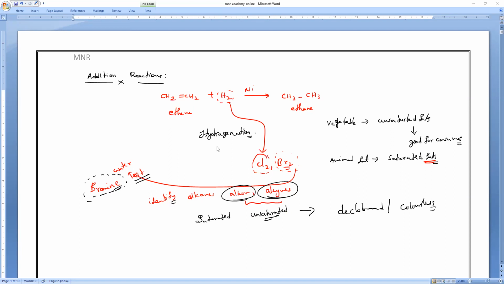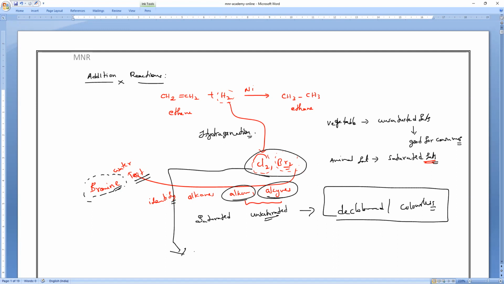So now, this is what we studied in yesterday's class. Now I want to say that equation also. As I told you, addition of halogens like chlorine and bromine to the unsaturated hydrocarbons, that is what we used to call halogenation.